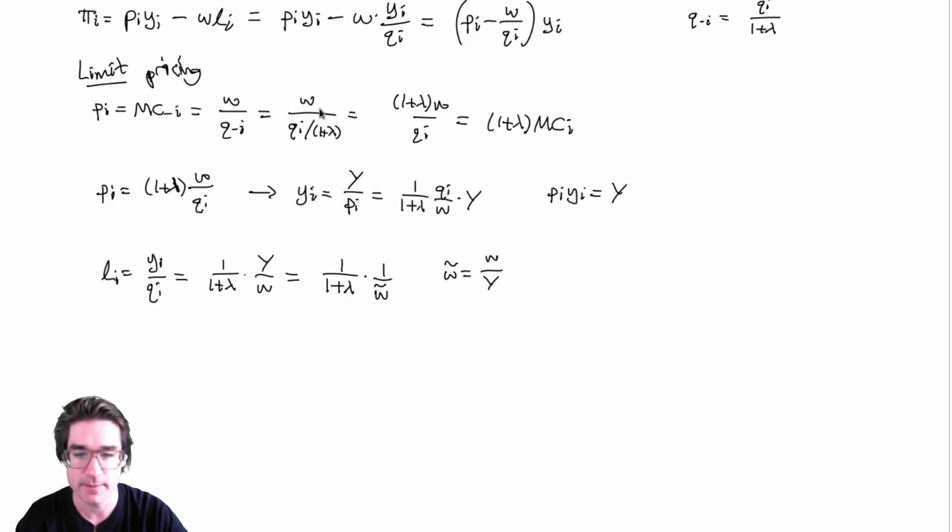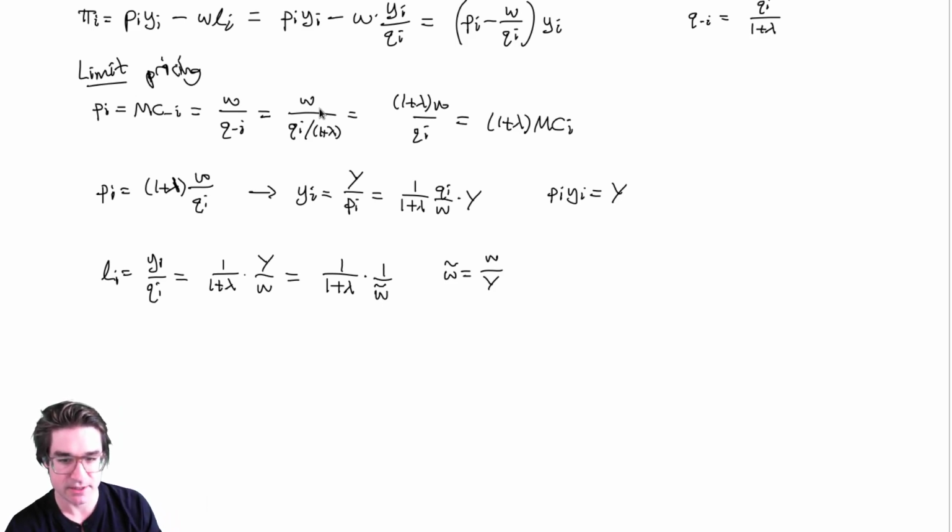Let me check the lecture notes here. Yeah, okay, sorry, that's a typo. If you look at the YI right below that, that's correct. So the PI should be 1 plus lambda.